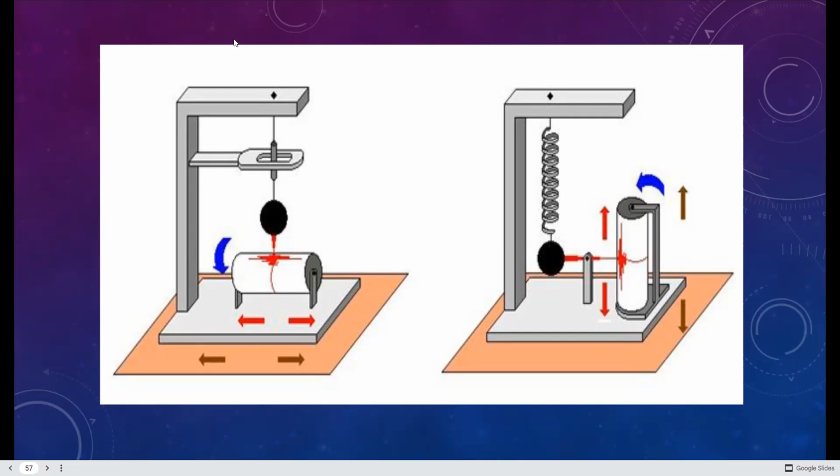But if there is some external movement, an external force acting on the needle, it will create a mark. It will move. So we will create an actual seismograph that moves.